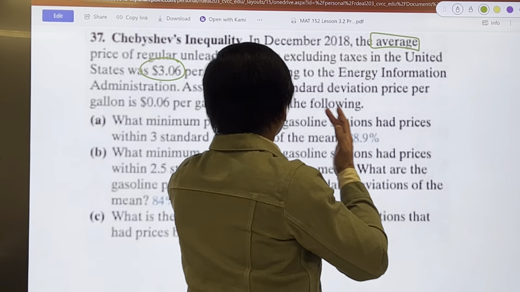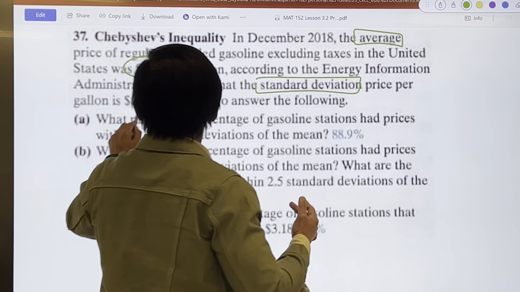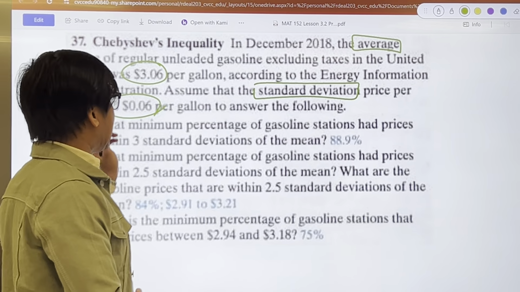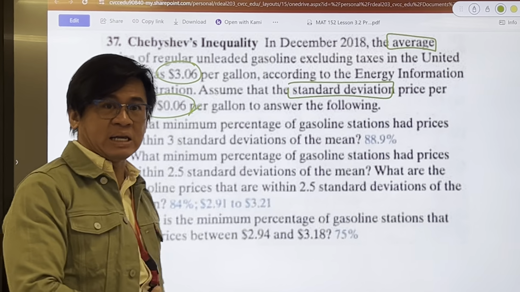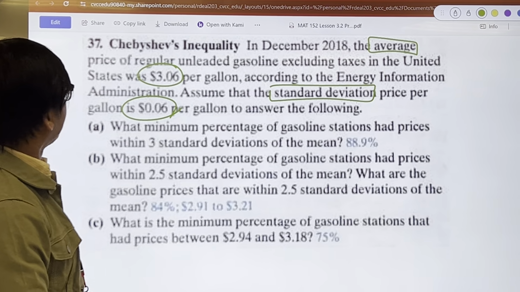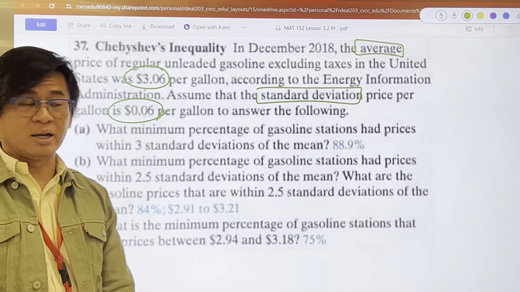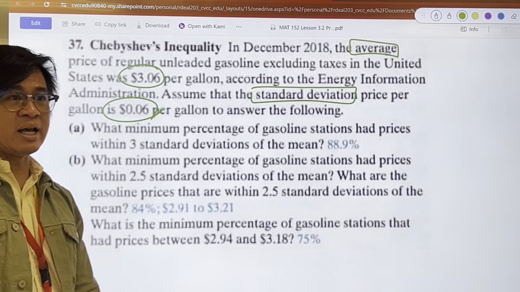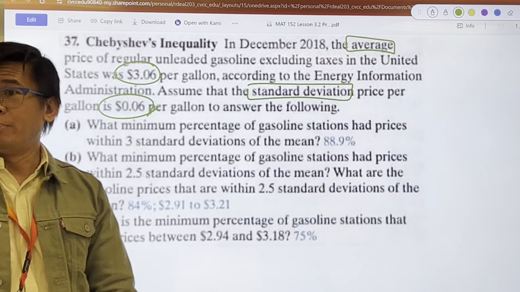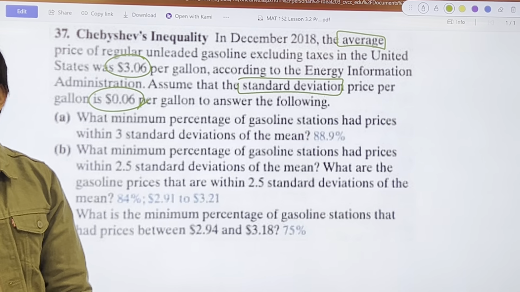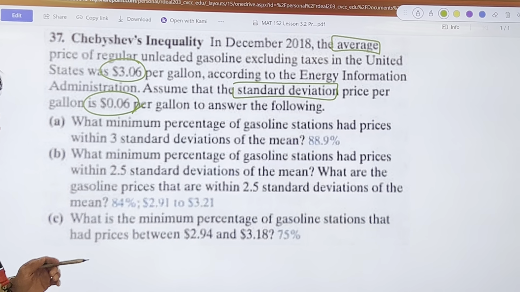Assume that the standard deviation of the price per gallon is 6 cents per gallon to answer the following. So it already gave us the mean: the price of unleaded gas, $3.06 per gallon. The standard deviation is 0.06, so that means 6 pennies. Get it?